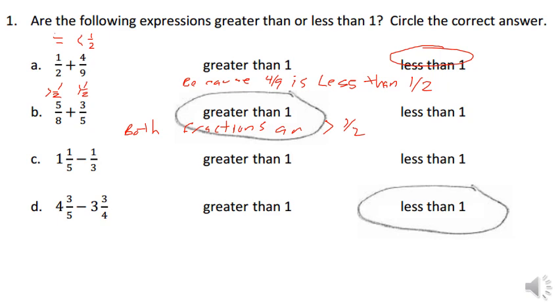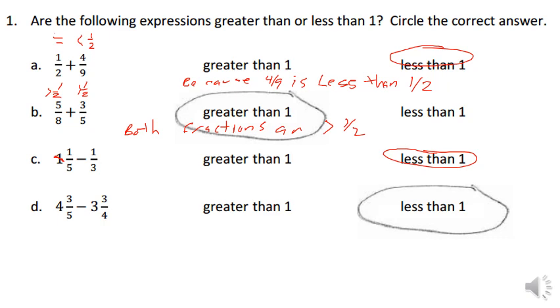On the next one, on C, it says 1 1/5 minus 1/3. Well, I can see that 1/3 is larger than 1/5, so I cannot subtract 1/3 from 1/5. I'd have to regroup from my whole, which means the answer is going to be less than 1, because I would have to take the 1/5 plus part of the whole in order to subtract 1/3.